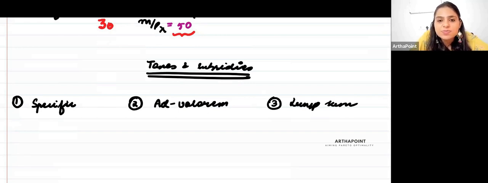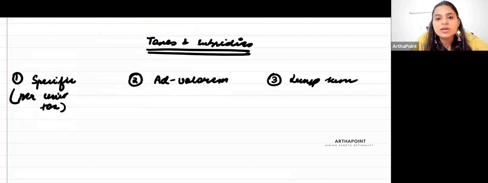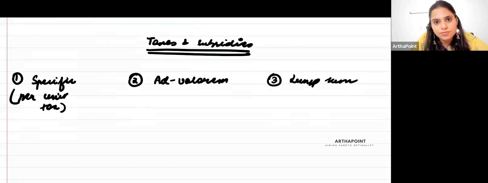When I talk about a specific tax, it is a per unit tax. Per unit tax means it is going to increase the price of the good on which it is imposed. When I say per unit subsidy, it decreases the price of the good on which it is imposed.